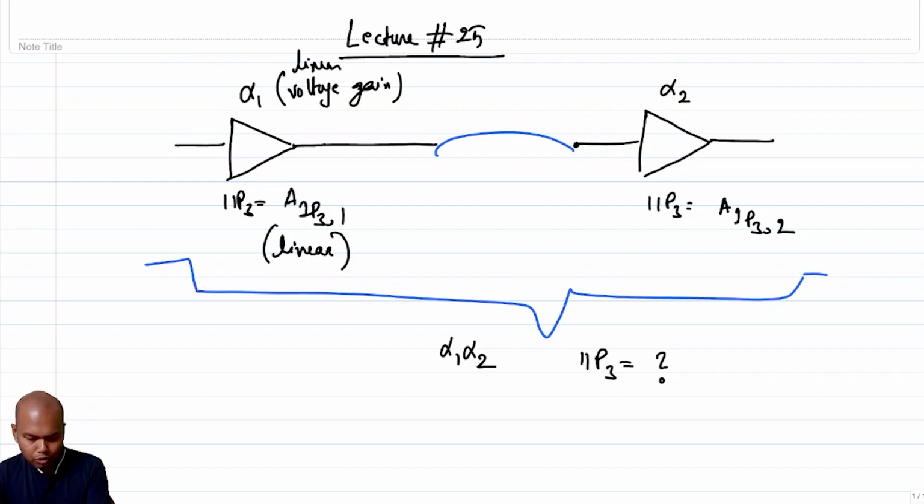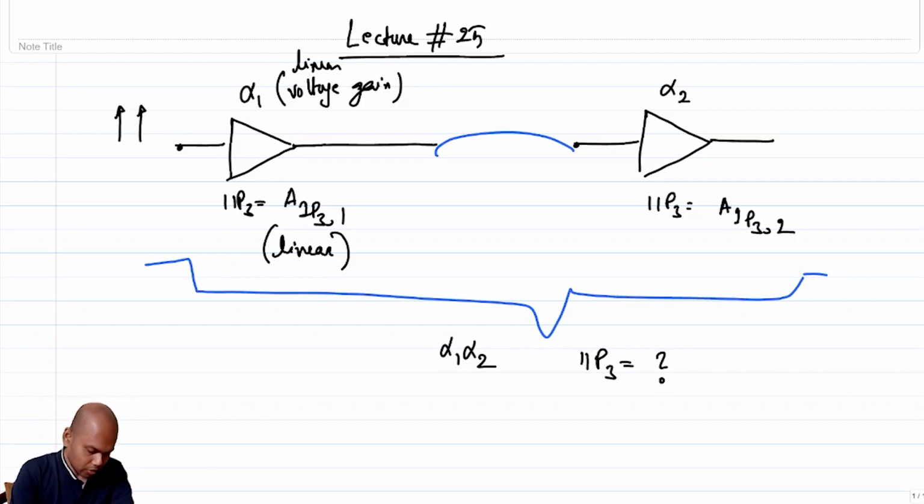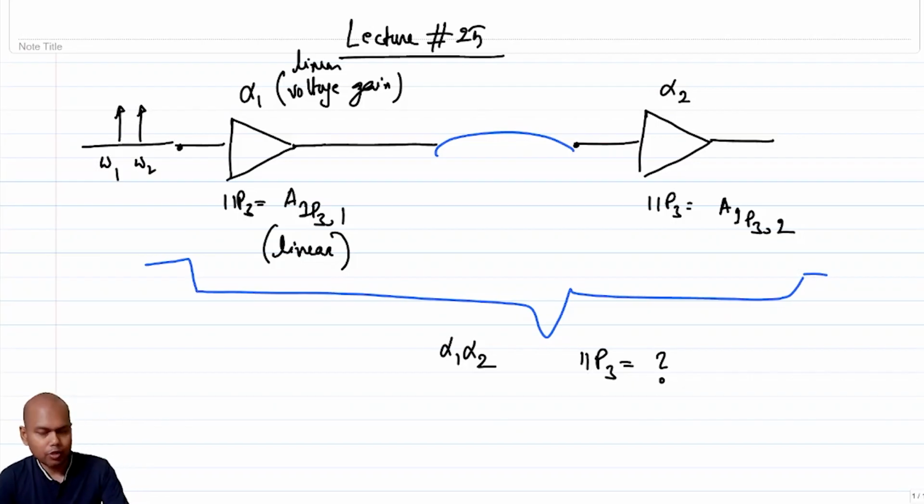Okay. So before I give you the expression, if I have to use the brute force method, how are you going to figure out what the total IIP3 will be? Just like we had done for a single system, we'll have to put in two tones at omega 1 and omega 2, cosine omega 1 t, cosine omega 2 t.